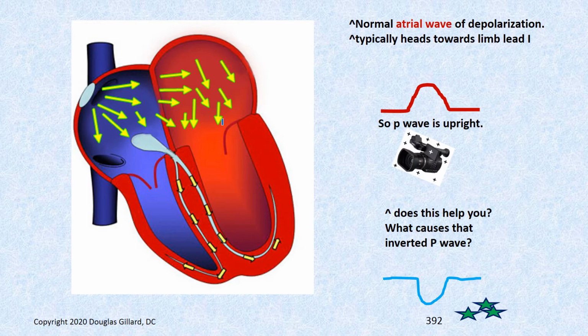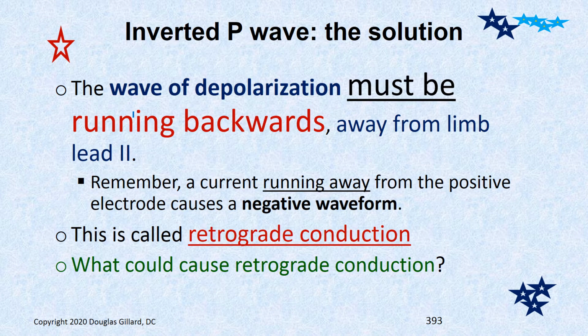But anyway, the spark must be here, and then the wave would run backwards. So that's what happened. The spark was not in the SA node, so the wave of depolarization must be running backwards.